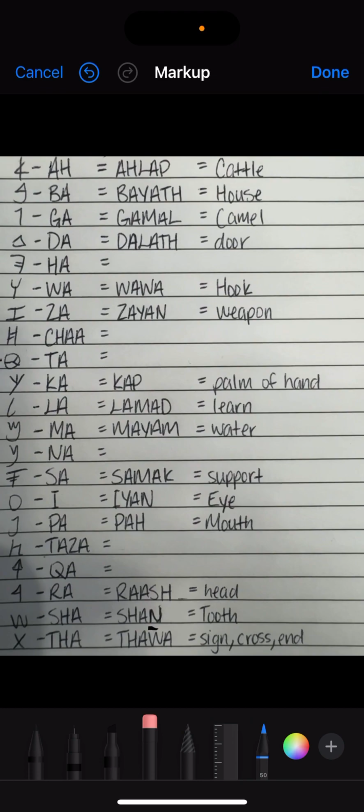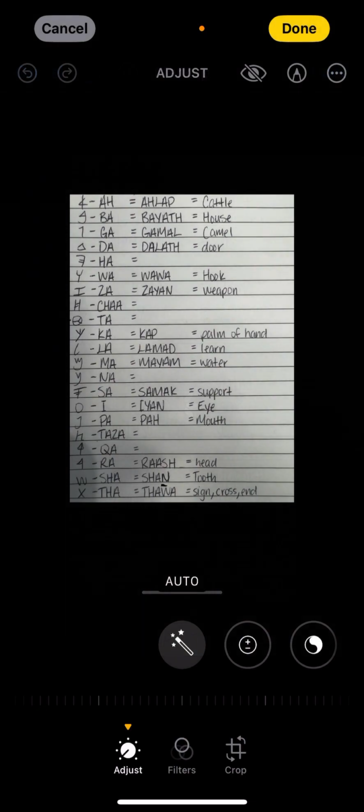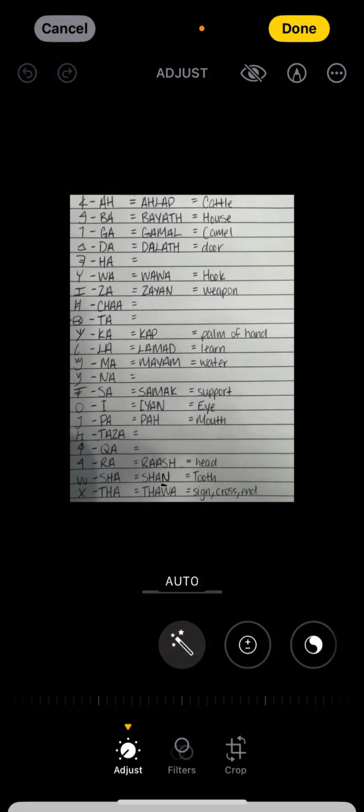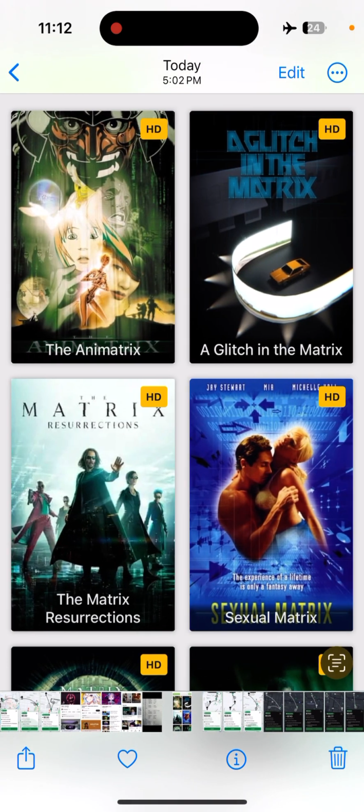Now we're going to go to the one that was supposed to be right after ta and right before ka, but I forgot to put that character in. So we're going to hit that now.